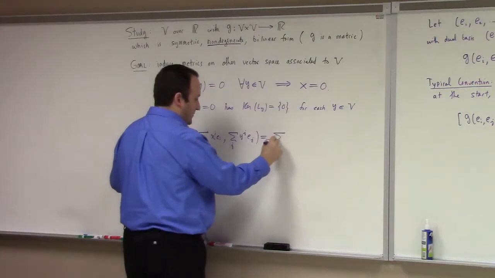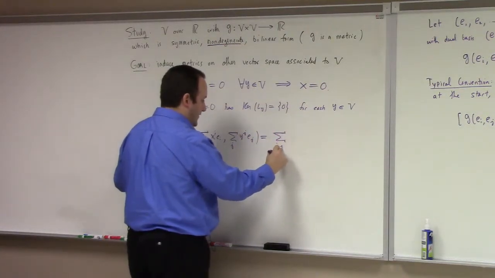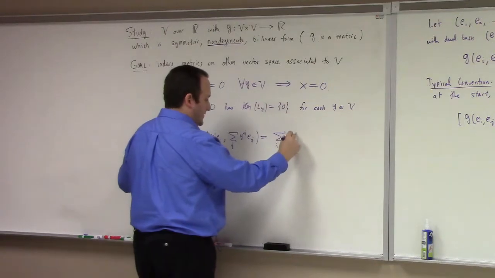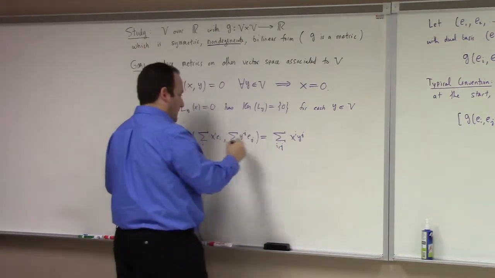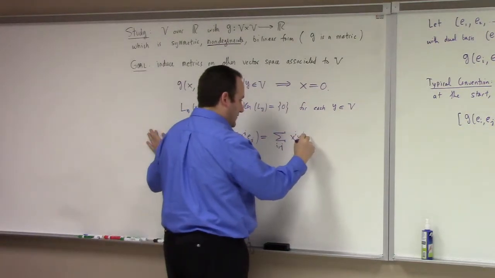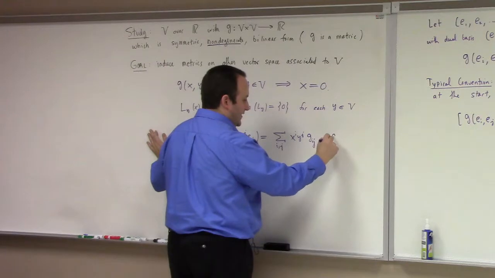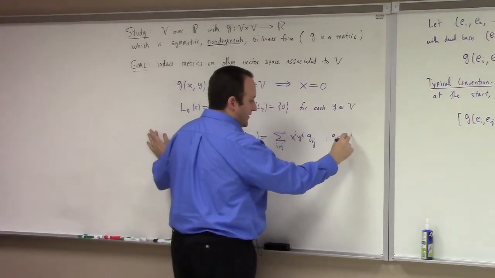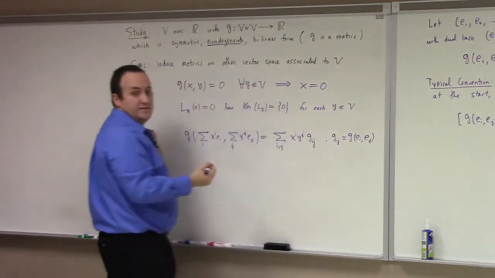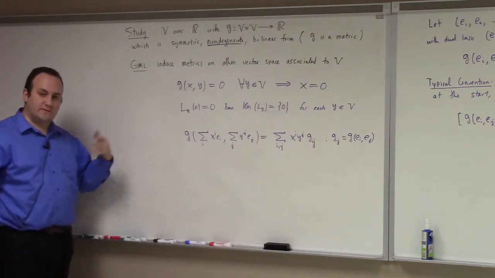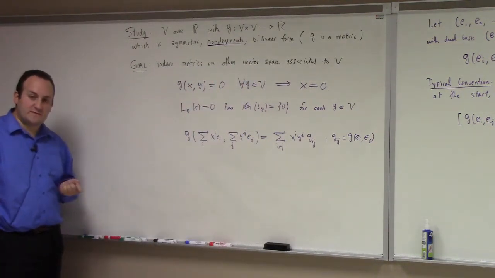That's equal to a sum over i and j of x upper i, y upper j, and then we have what I would usually denote as g lower ij, where I defined g lower ij in the usual way. It's g of e_i comma e_j, right? g is a symmetric bilinear form. It's a tensor. Those are its components with respect to the given basis.